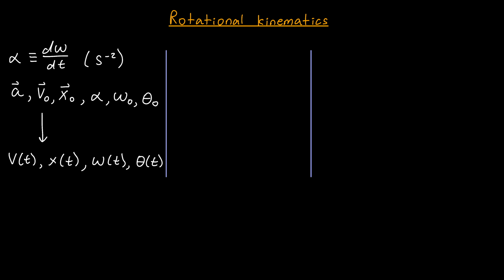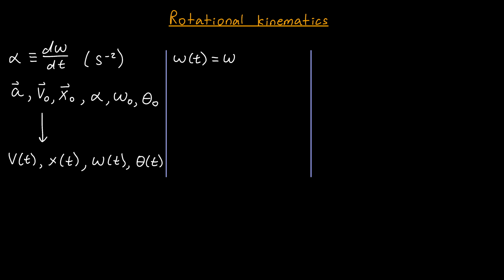Right, now I've already told you in a previous episode how to take your acceleration and some initial state to figure out what your v of t and x of t will be at any time. But now we also have to think about how to take your angular acceleration and your initial angular state to find omega of t and theta of t. And in fact, that process is pretty much identical. Right, we can invert the definition of alpha, the angular acceleration, to find omega of t by taking an integral, right?